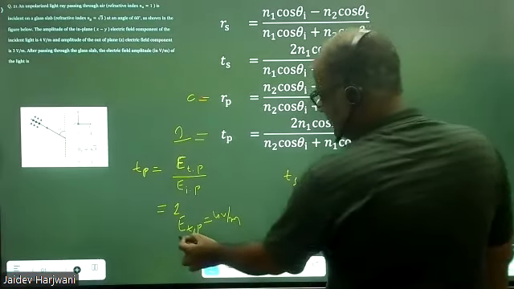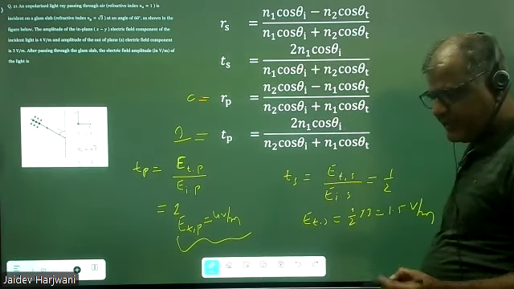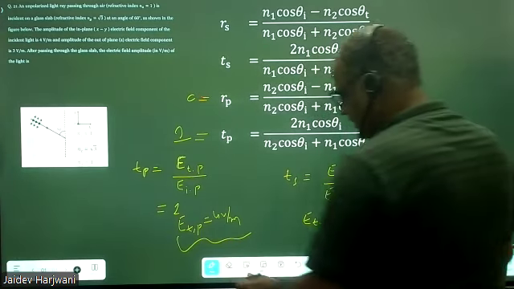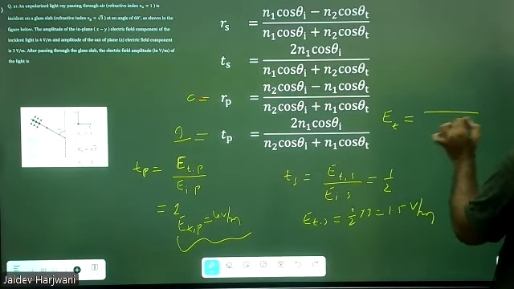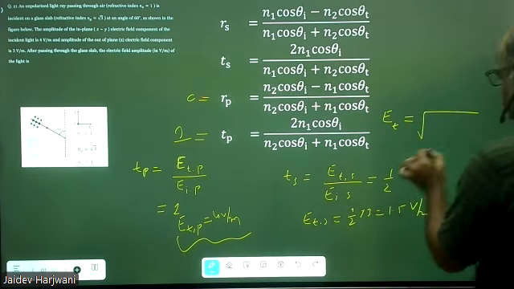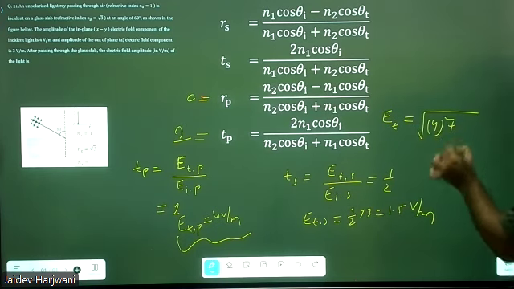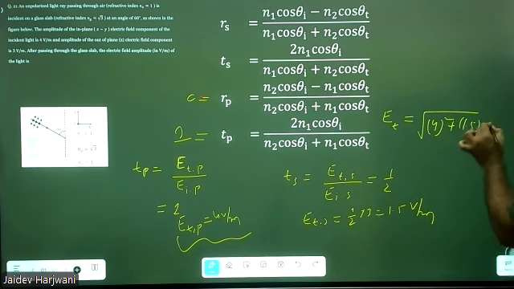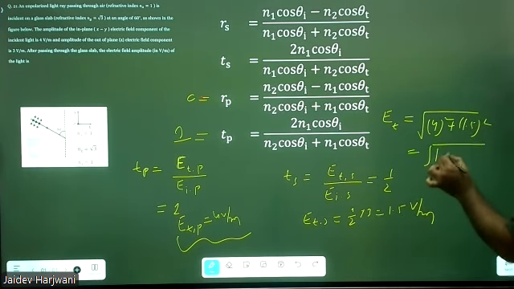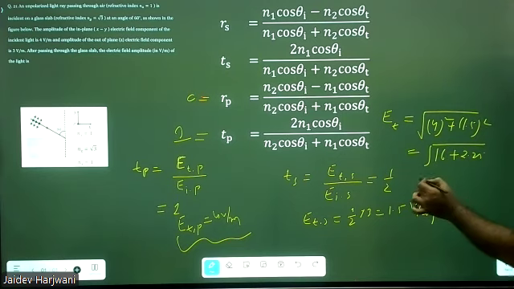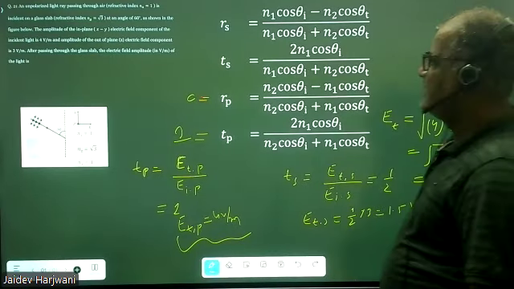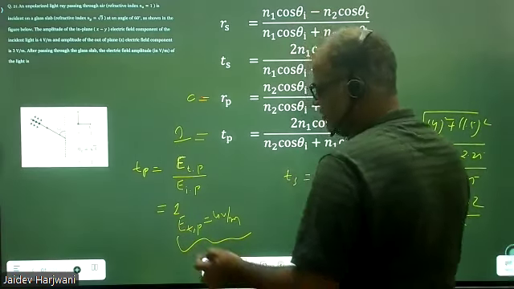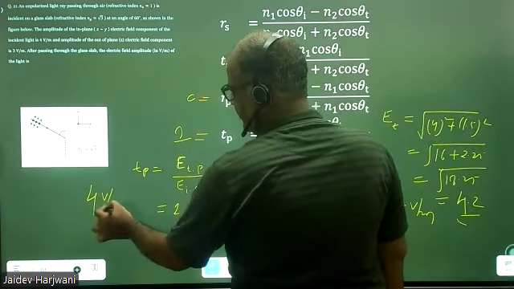So now we have both components, parallel to the plane and perpendicular to the plane, and now I can find the total amplitude. So the amplitude of the transmitted electric field will be the square root of 4 squared plus 1.5 squared, that is 16 plus 2.25, that is 18.25, and this is almost equal to say 4.2. So the correct answer for this question is 4. The amplitude is 4 volt per meter.